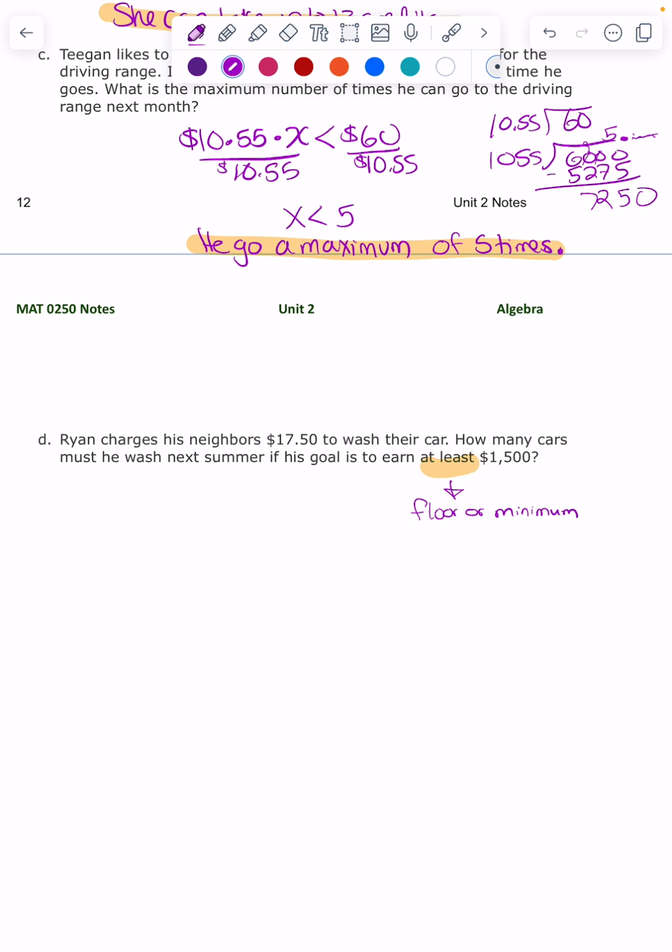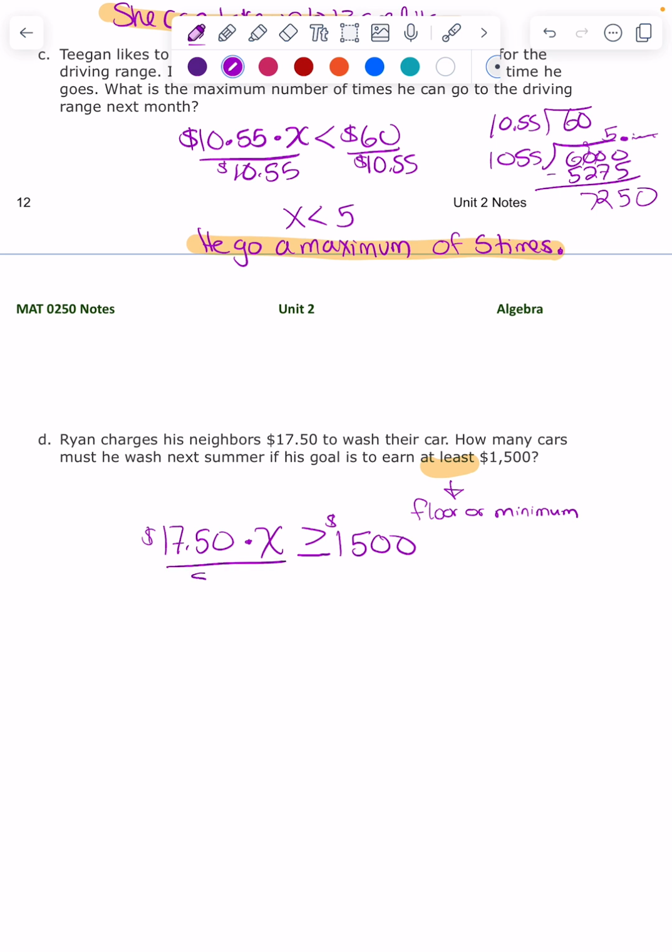So $17.50 times, well, how many cars he's going to wash is X. We want that to be greater than or equal to 1,500. So all the other ones we did were less than. This one's greater than because he needs at least 1,500.